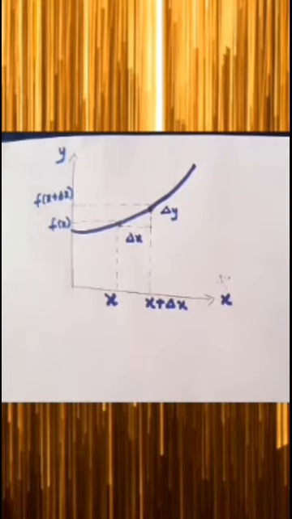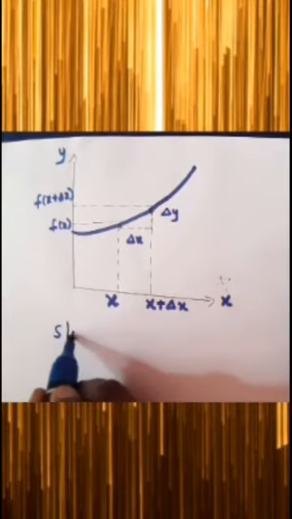So what will be the length of this particular side? It is f of x plus delta x minus f of x.